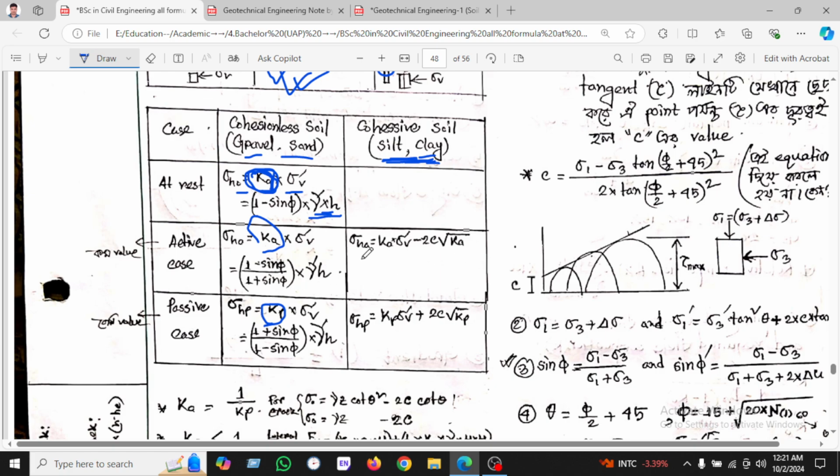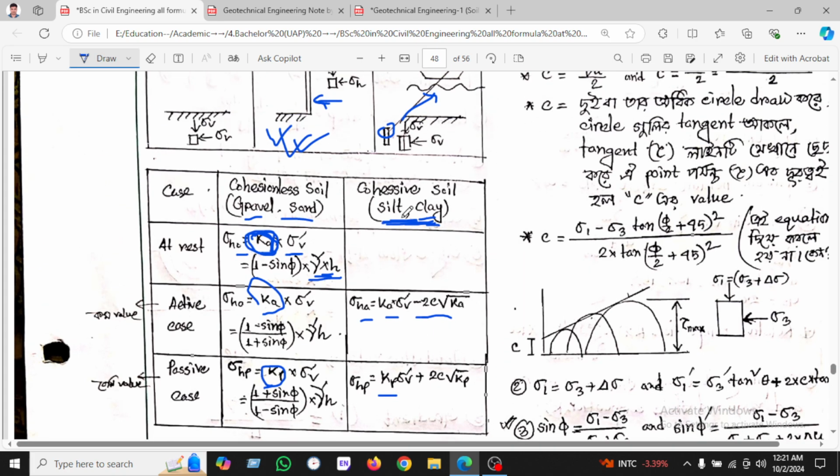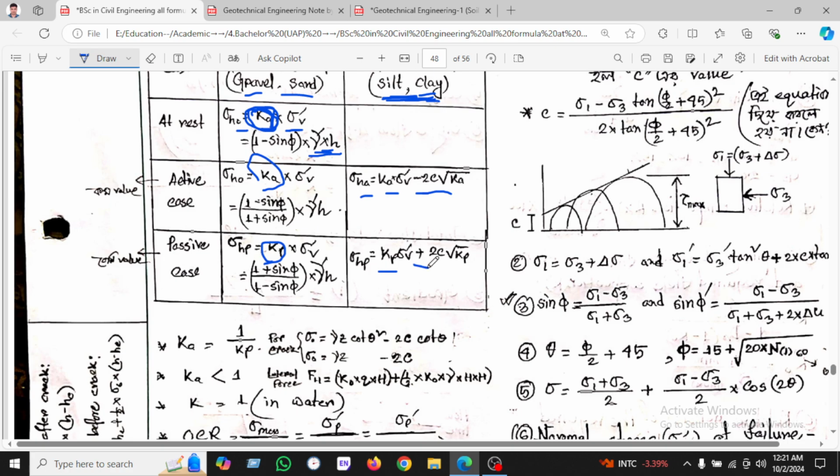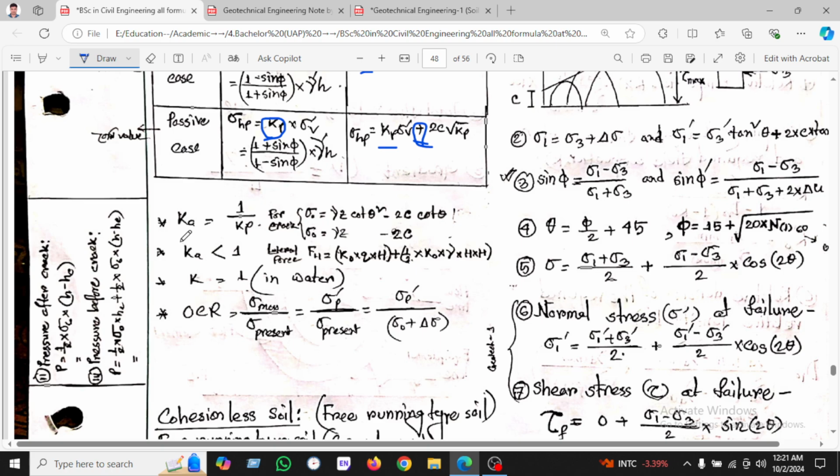On the other hand, for cohesive soil it will be K into sigma v minus 2C root K. For the passive case, it is K into gamma prime z, and in cohesive soil it will be K sigma v plus, always plus, 2C root K. There is another relationship between Ka and Kp, which is Ka equals 1 divided by Kp.